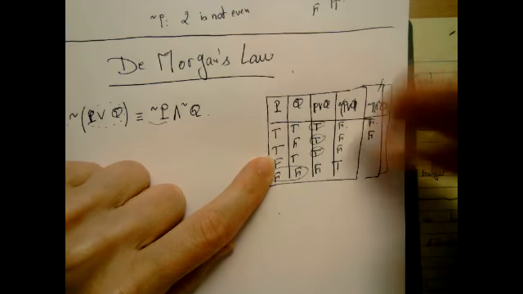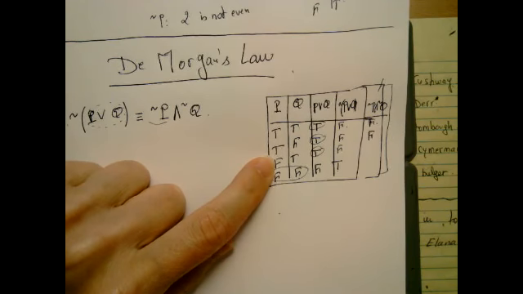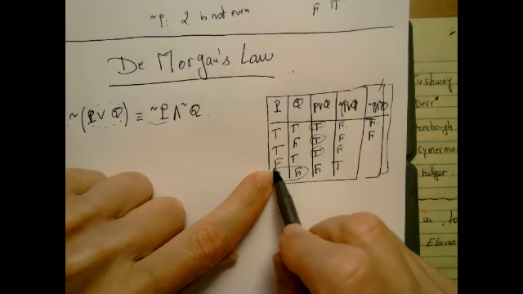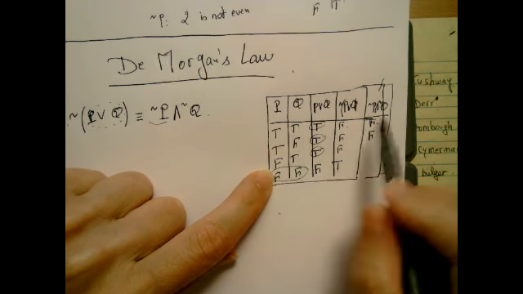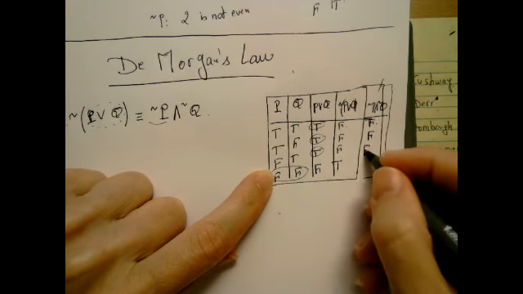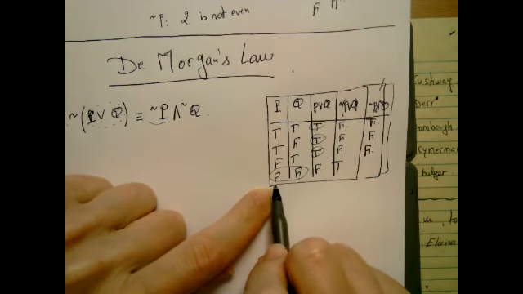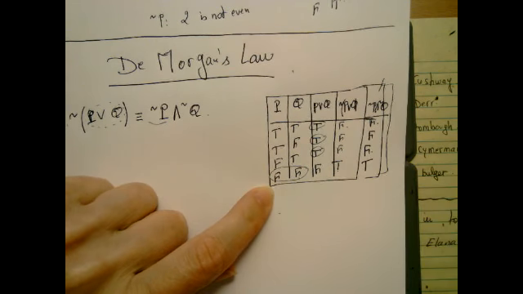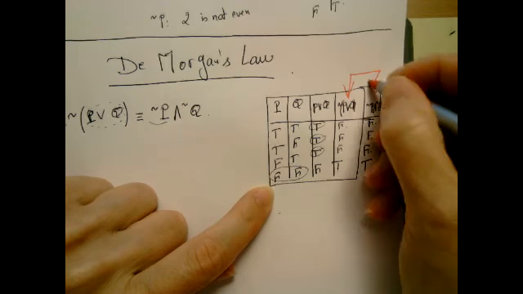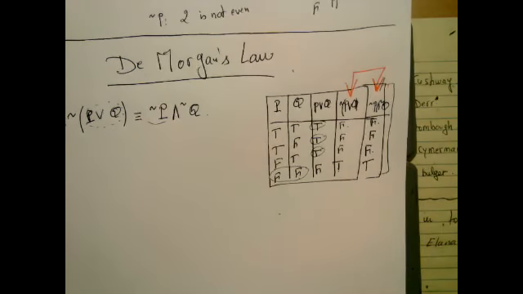When there is an and, false and anything is false, period. When P is false, non-P is true, but Q here is true, which means non-Q is false. It's only in this scenario that non-P is true, because P is false, and non-Q is true. So those two have exactly the same truth table.